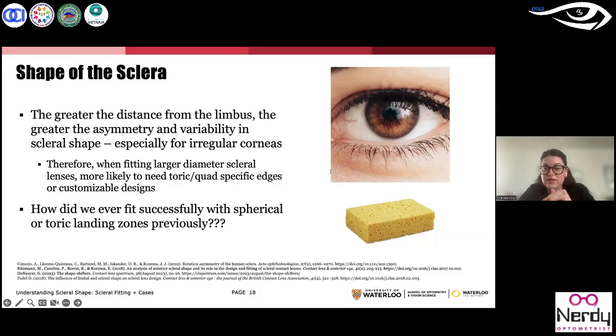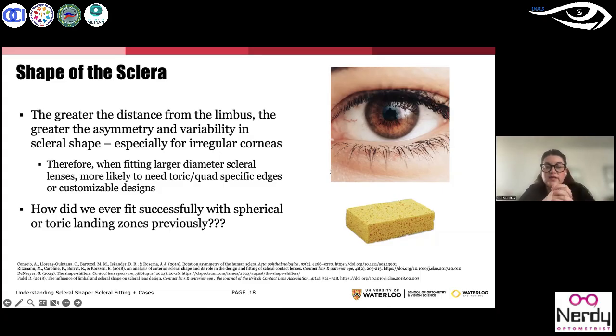So the question is, how did we ever fit spherical sclerals or toric landing zones previously with any sort of success? But that brings us back to the fact that the lenses do rest on the spongy bulbar conjunctiva. So it allows a certain amount of forgiveness with lens design.